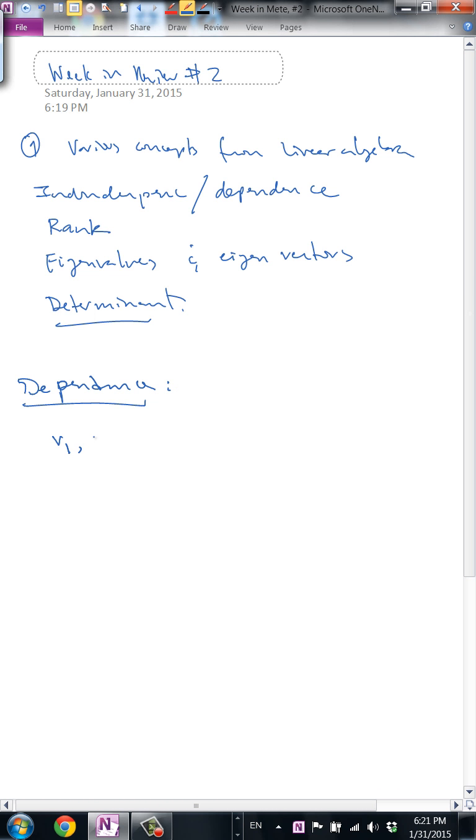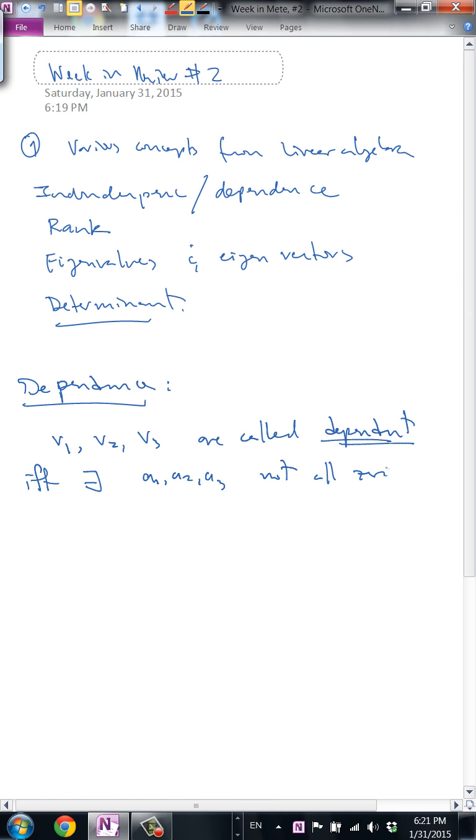Our definition is as follows: v1, v2, and v3, and of course this definition naturally extends to any number of vectors, are called dependent if there exists a1, a2, a3, not all 0, some of these can be 0, such that a1 v1 plus a2 v2 plus a3 v3, this linear combination of the three vectors, is equal to the 0 vector. I'll just put that symbol over there so you know that this is a vector and not just a scalar.